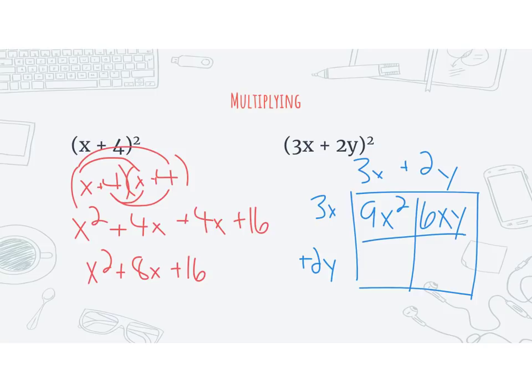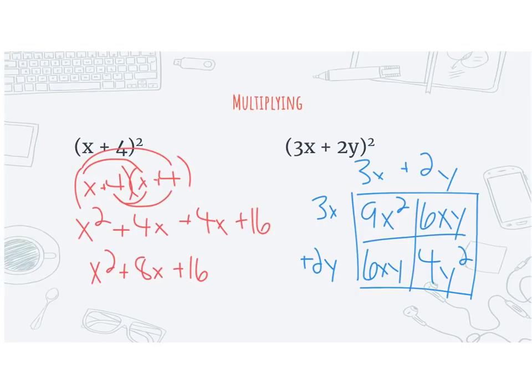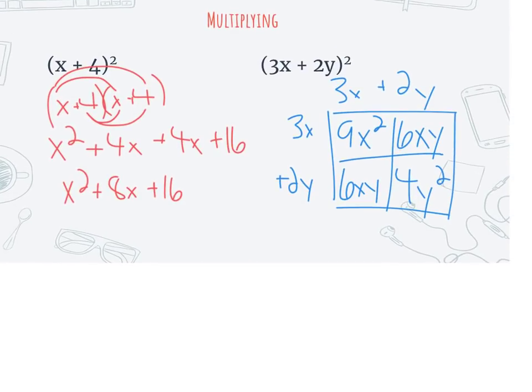Now we get 2y times 3x, and that gives us 6xy again. And then 2y times 2y is 4y squared. Okay, remember when we multiply, we add our exponents. And so as I go to combine our like terms, I get 9x squared.